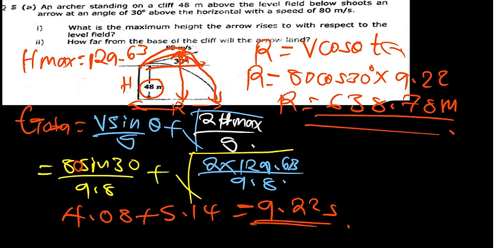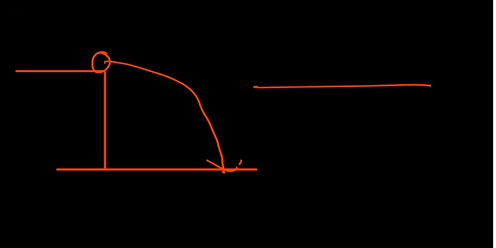How do you tell that this is the first trajectory? For you to know that this is the first trajectory, they are going to tell you that the ball is released from the top of the building. If you see a ball projected at an angle from level ground, that is the second trajectory.